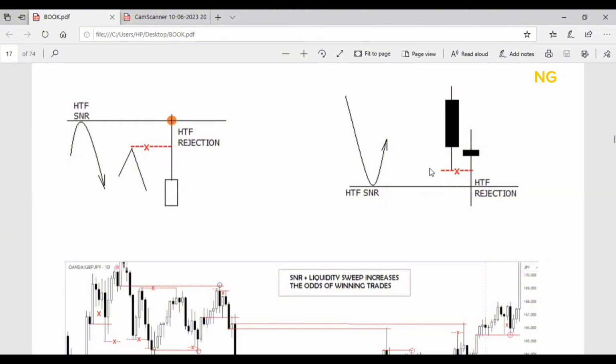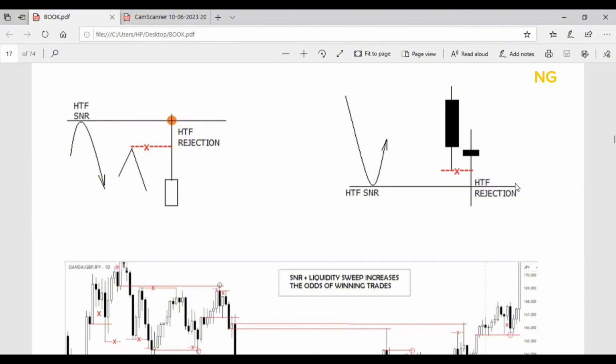It could be more than 10 candlesticks in between, as long as it takes out this low before it got to touch and reject this S&R level. As long as this low has been swept off, that's a good point for you to hold on to, that supports your move.